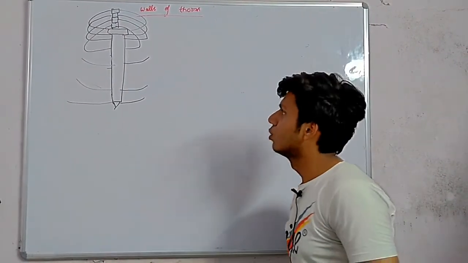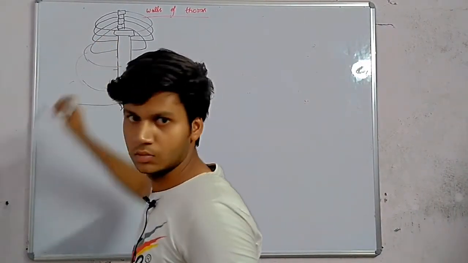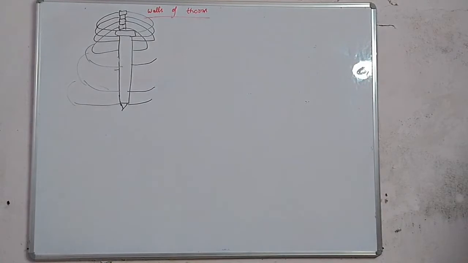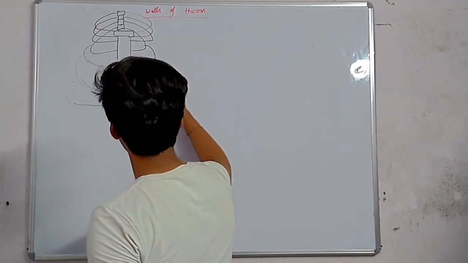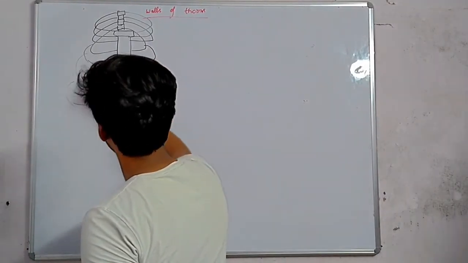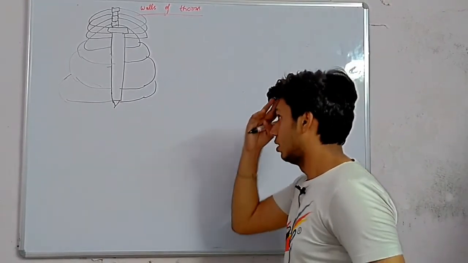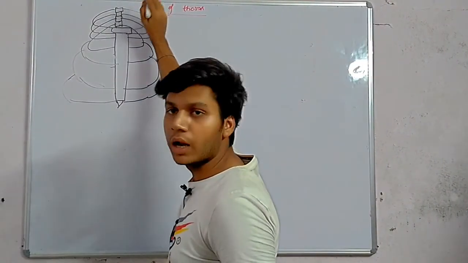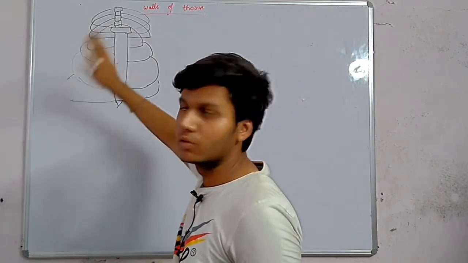Now first we form the complete structure of thorax from both sides. This forms the thorax bones region. Now first upper inlet, below outlet and walls.